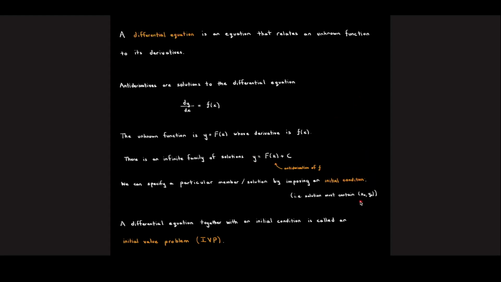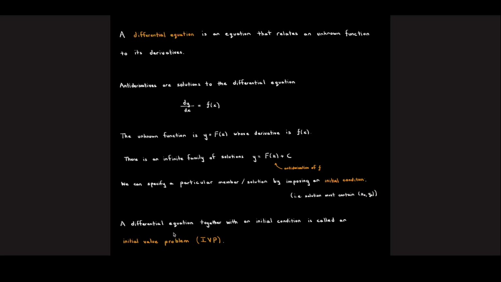This is what we call the initial condition: the solution curve must contain this point, x naught, y naught. And that will give you a single unique solution to this differential equation. This is very common in real life problems, like physicists might specify the initial velocity or initial position of the given function. That narrows the most general solution down to a single solution that satisfies that initial condition.